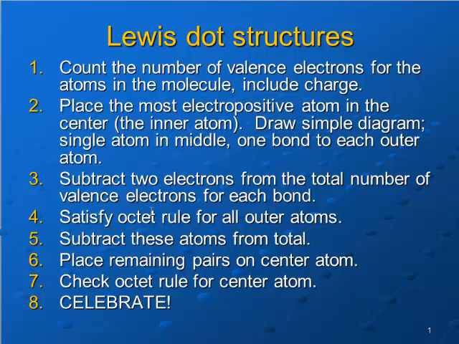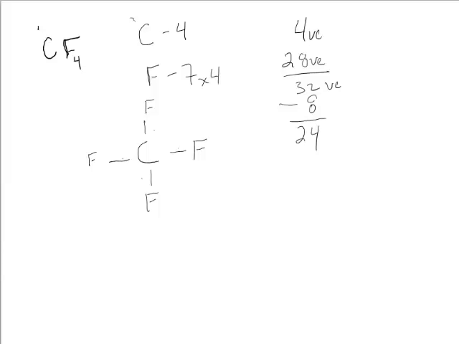And now we satisfy the octet rule for all outer atoms. So we go back to our example, satisfy the octet rule for each of the outer ones. Right now, this only has 2 electrons in it from that one bond. So we have to put 2 more, 4 more, 6 more.